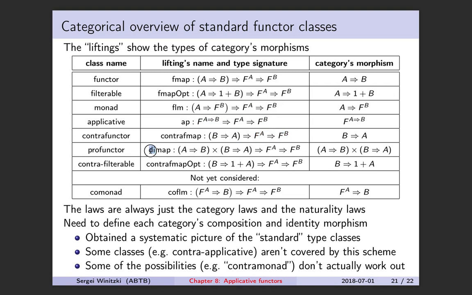This should be xmap rather than dimap. I will fix this in the slides. It took something, it gives fa to fb, and so on. So this is what I mean by lifting. It is this kind of function type signature that takes some kind of function as argument and returns this kind of function, fa to fb.